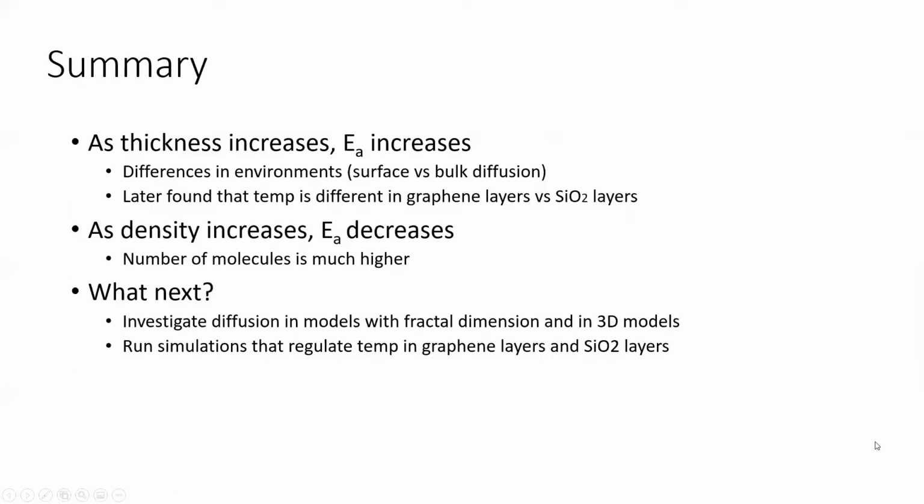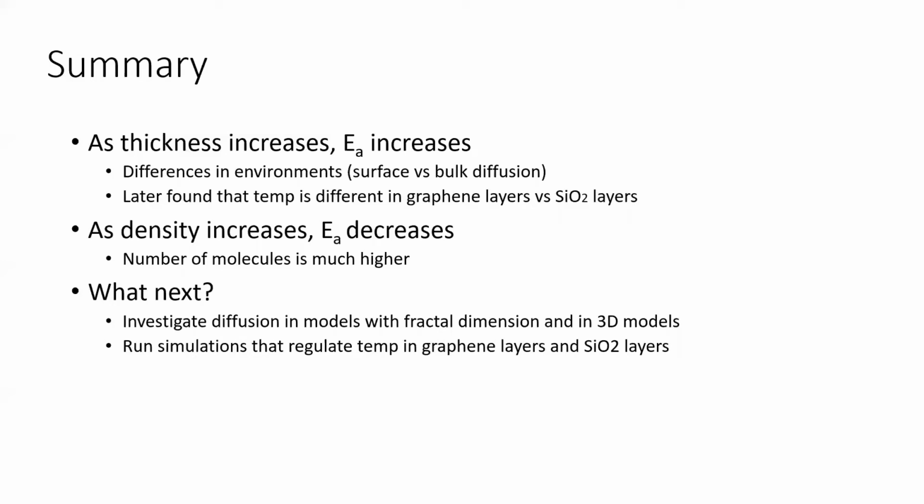With these results, we can summarize what we see in 2D diffusion. Again, we see certain trends such as activation energy increasing as thickness increases and as density decreases. We use these results to explore why this is.